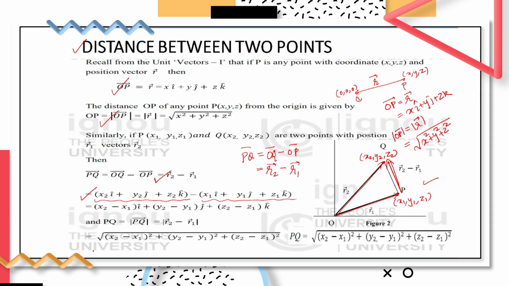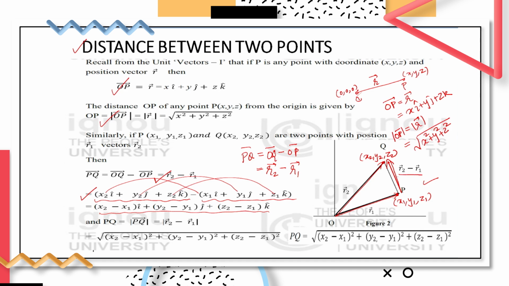Subtracting the i component from the i component, the j component from the j component, and the k component from the k component, you will get this expression: (x2 minus x1)i plus (y2 minus y1)j plus (z2 minus z1)k.